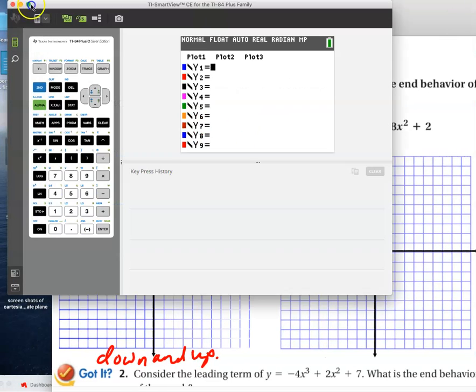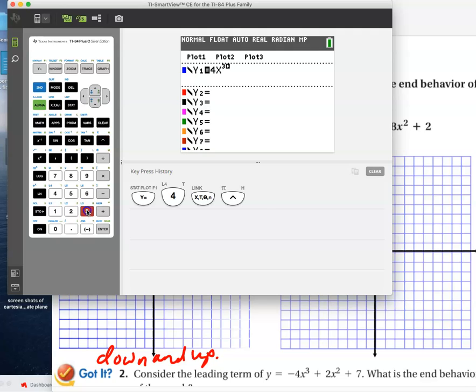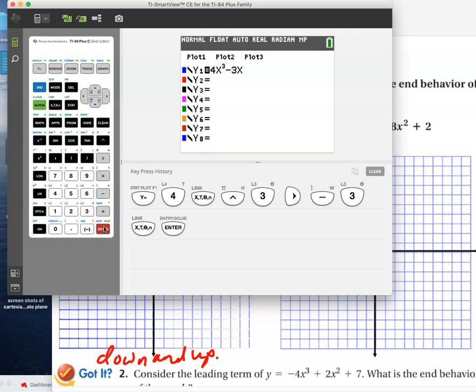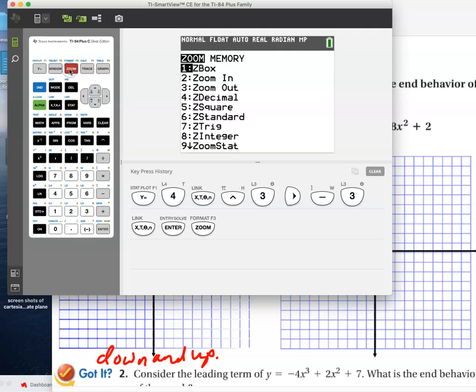So we have y equals 4x to the third minus 3x. I have to pop that out of that exponent there. And I want to see the graph. Zoom 6.